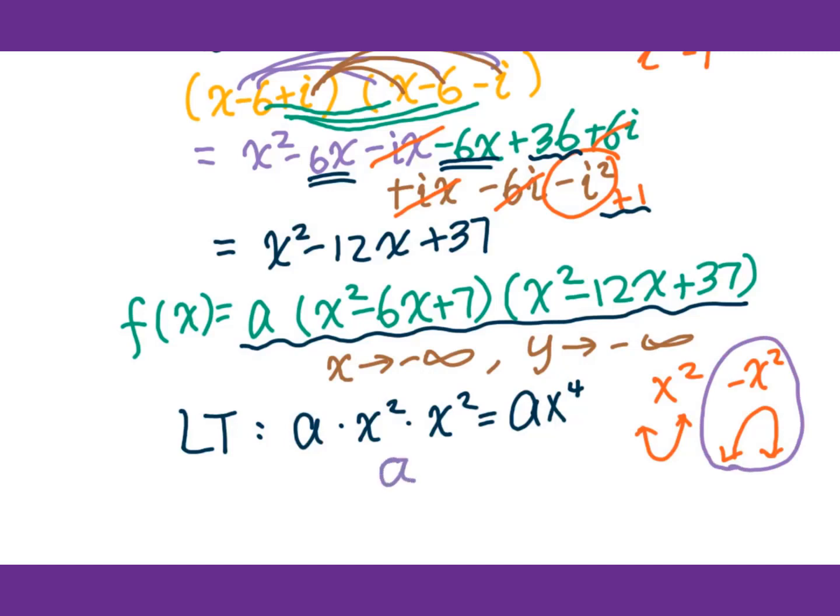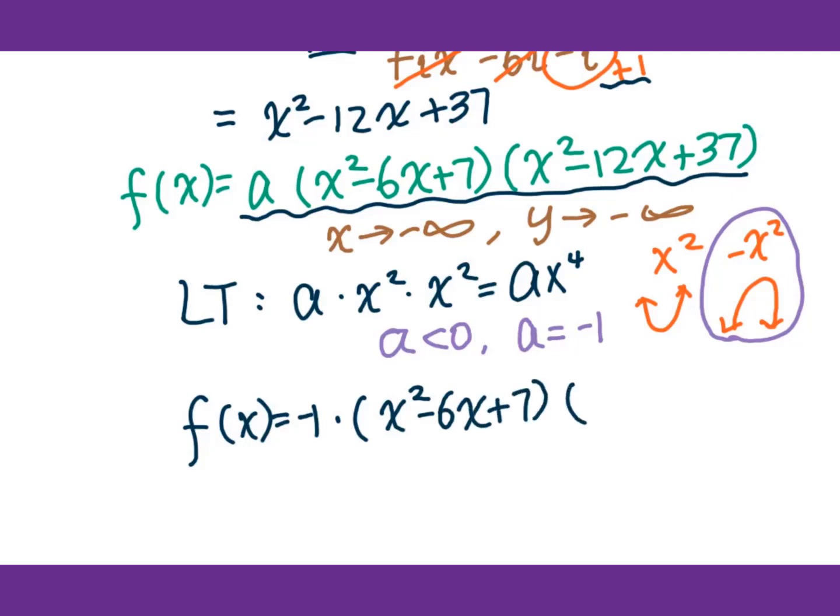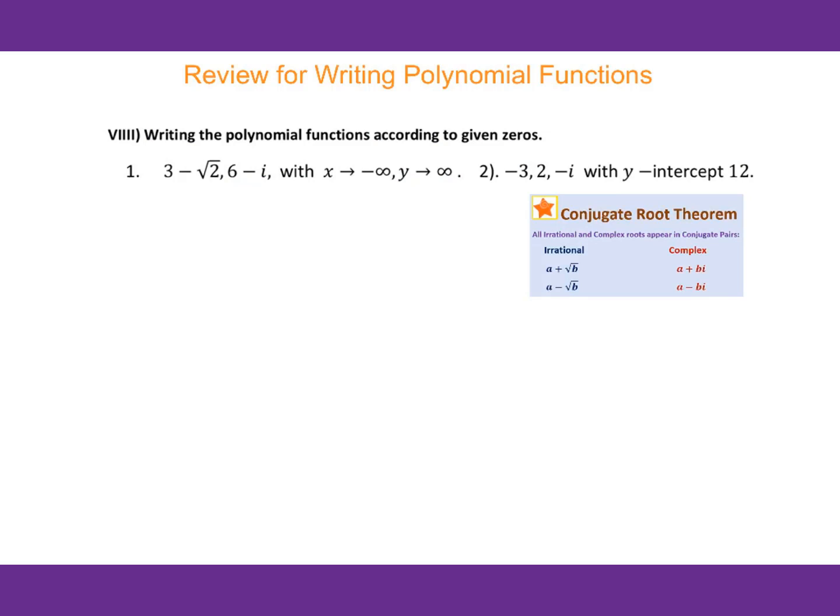So a is less than 0, we can choose a equals -1. Therefore, f of x equals -1 times x squared minus 6x plus 7, then times x squared minus 12x plus 37.